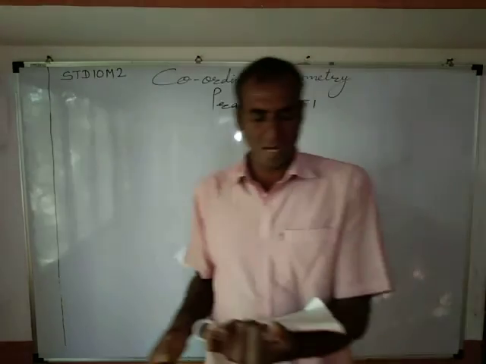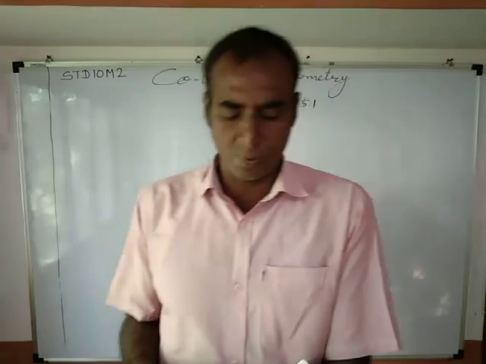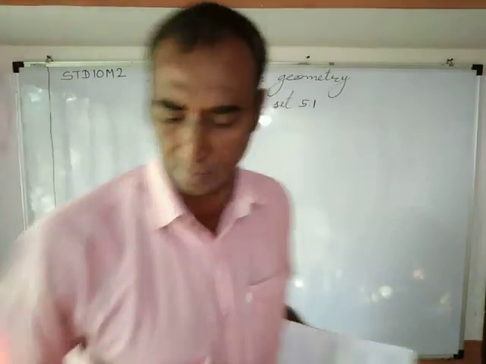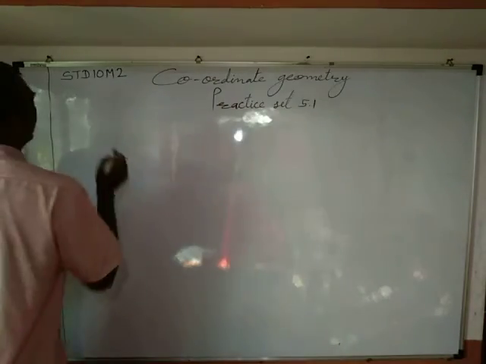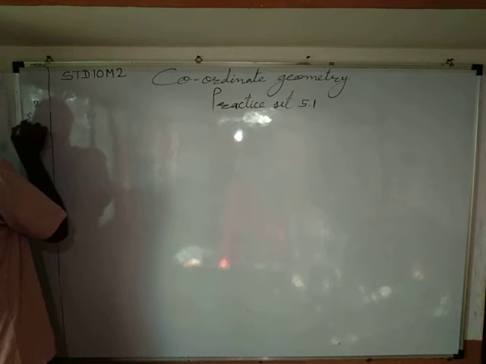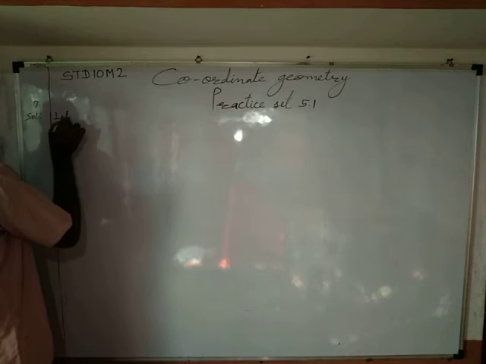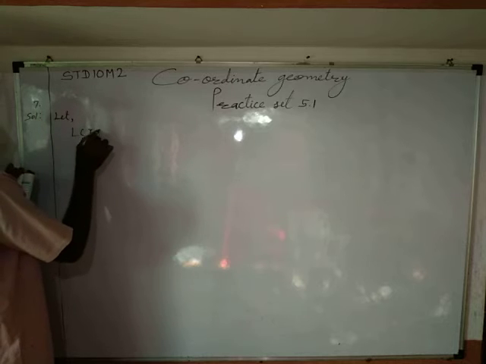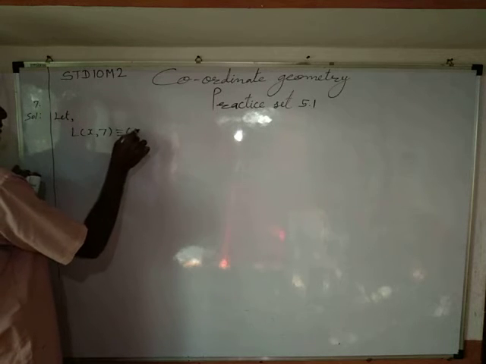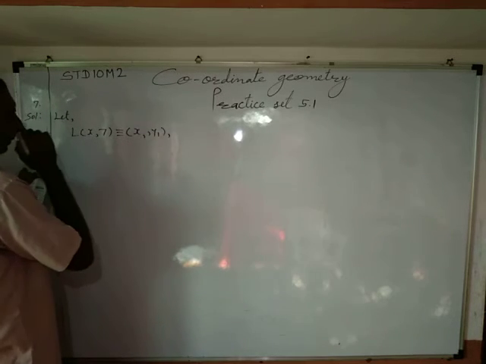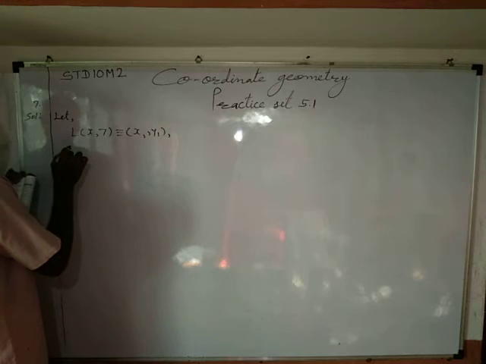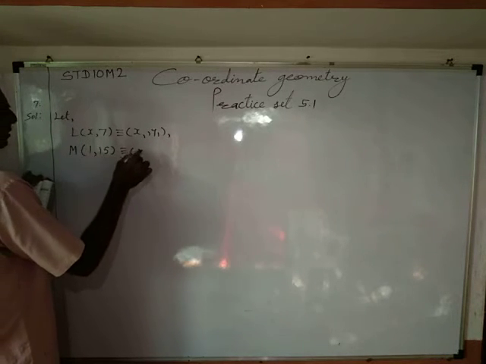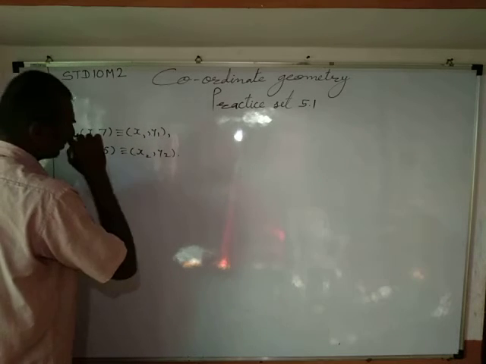Question 7. Find x if the distance between points L(x, 7) and M(1, 15) is 10. Solution. Let L(x, 7) be (x1, y1) and M(1, 15) be (x2, y2).